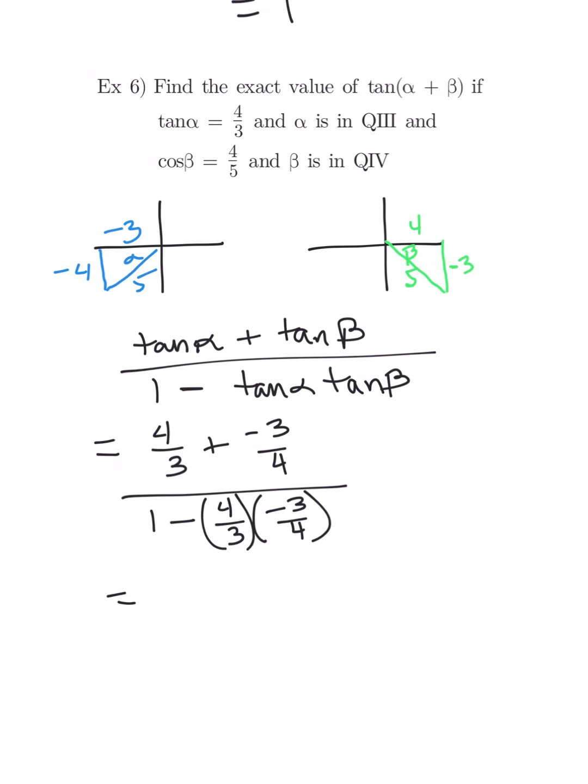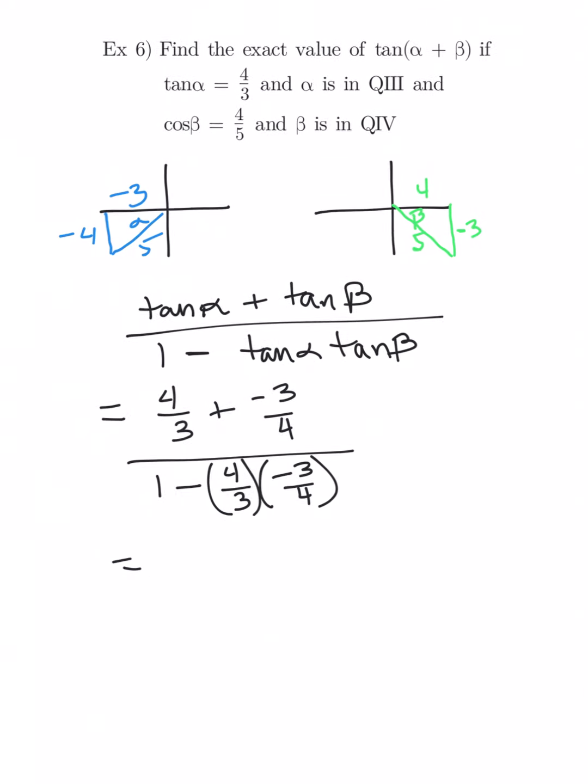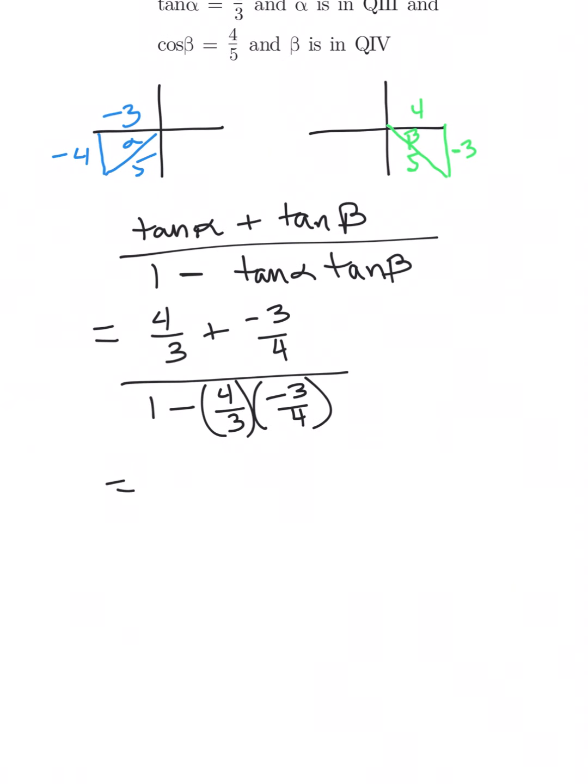We need a common denominator for the two fractions in the numerator. That would be 12. The first fraction would become 16 over 12. The second fraction would become negative 9 over 12. In the denominator, we are going to have 1 minus 4/3 times 3/4 is 1.